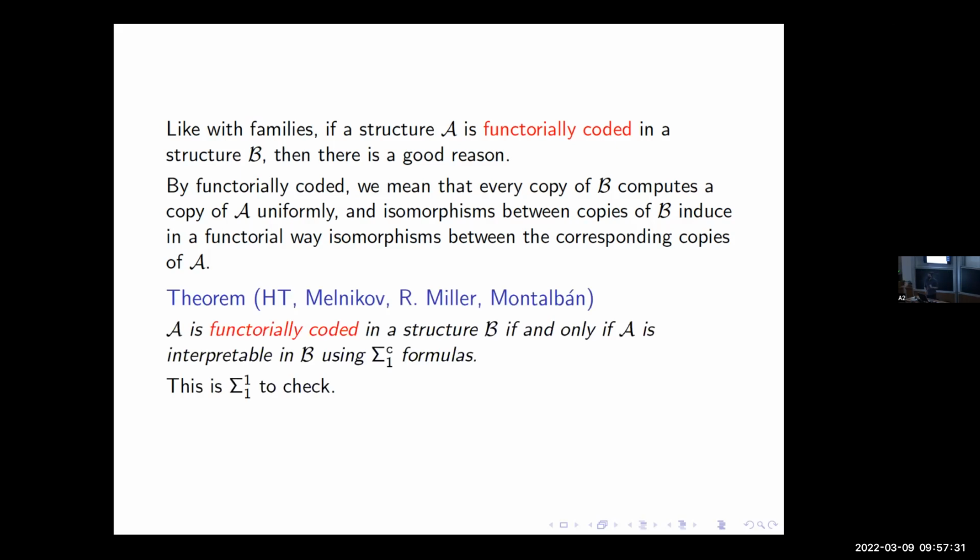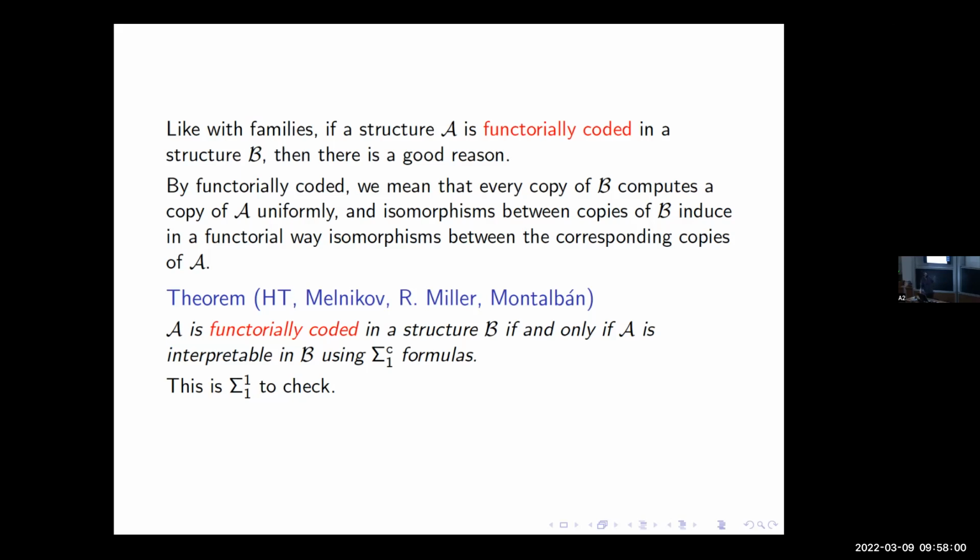And if something is functorially coded, then again there's some kind of nice characterization. If A is functorially encoded in B, so every copy of B computes a copy of A, then there's a syntactic reason again, which is that A is interpretable in B using computable Sigma_1 formulas. What it means to be interpretable is a complicated definition, but if you know the model theoretic definition, you basically take that, but you allow all the formulas to be infinitary Sigma_1 formulas.